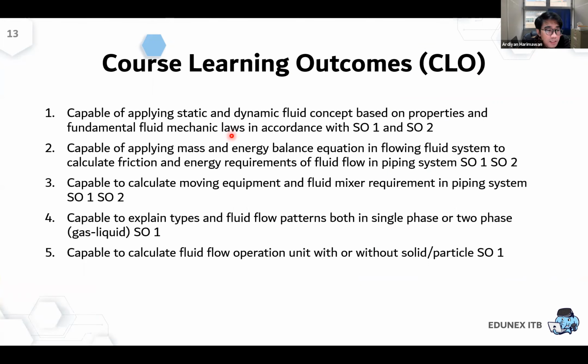These are the 5 course learning outcomes. There are 5 outcomes, and we will assess you in the exam to evaluate whether these 5 outcomes are achieved and how much is the achievement. Because now chemical engineering ITB is internationally accredited.